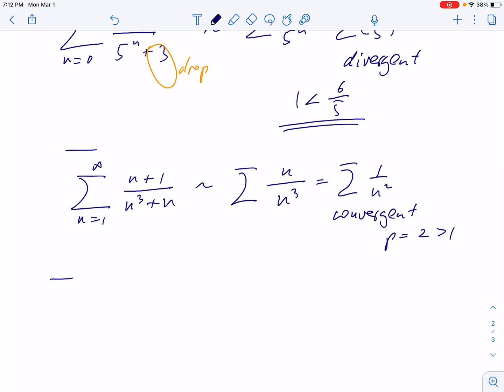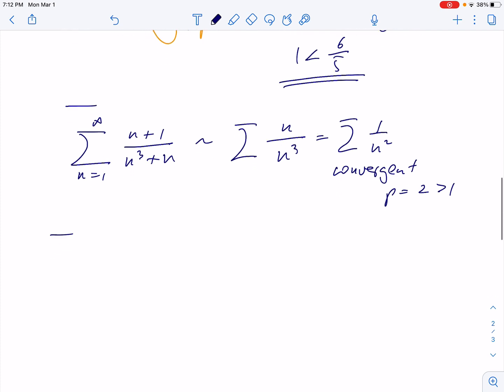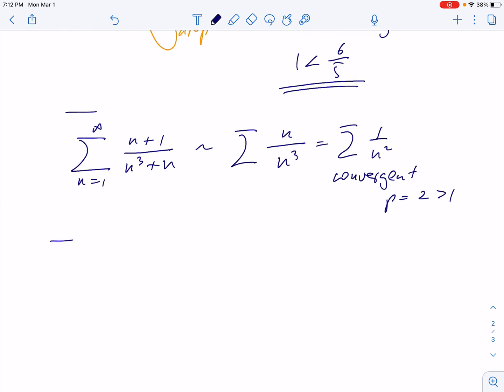Okay, what is the theory that makes it possible to simplify like that and find the convergent or divergent series? The theory is this. We have a limit comparison test which goes like that.